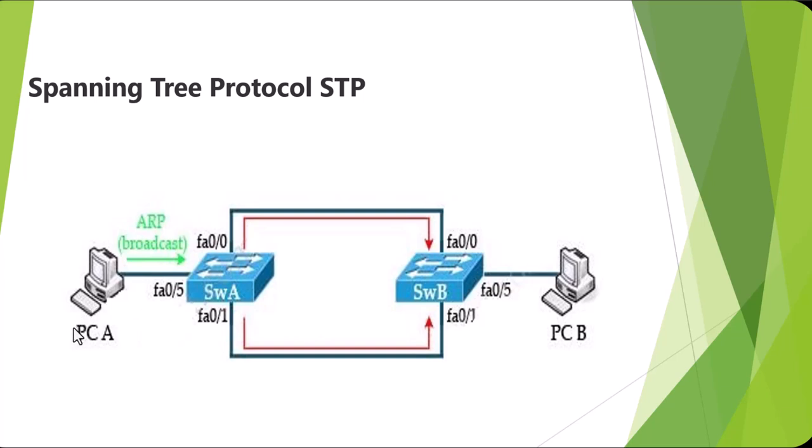First, if PCA wants to talk to PCB, it sends a broadcast message to switch A. Switch A will receive this packet and forward it to all the other ports except the port that received the broadcast. It received it on FastEthernet 0/5, so it will send it to 0/0 and 0/1.